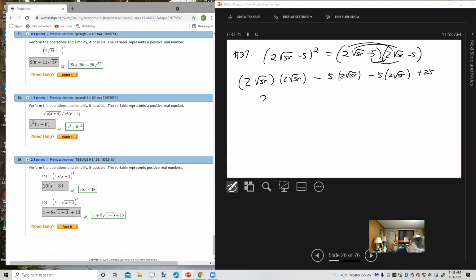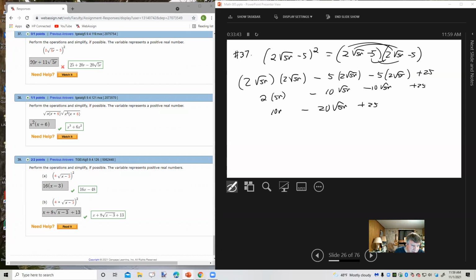So I get 2 times 5r, or 10r, minus 10 square roots of 5r minus 10 square roots of 5r plus 25, which is minus 20 square roots of 5r plus 25.